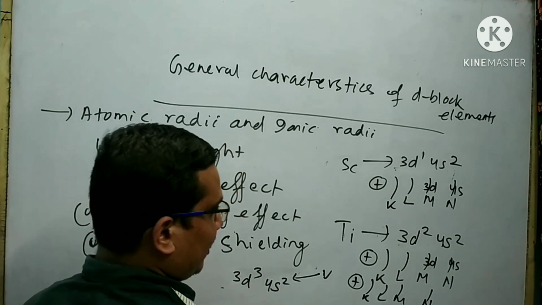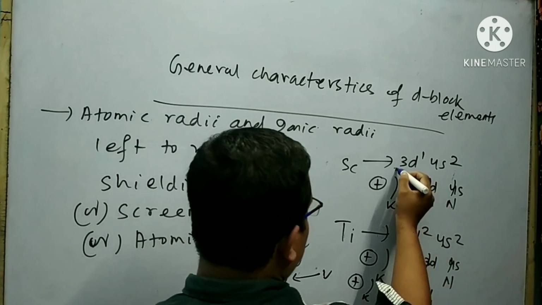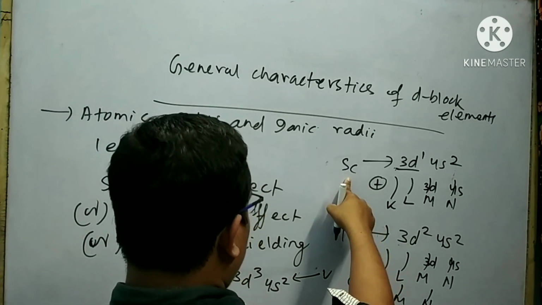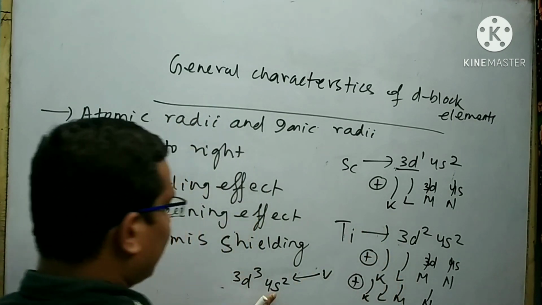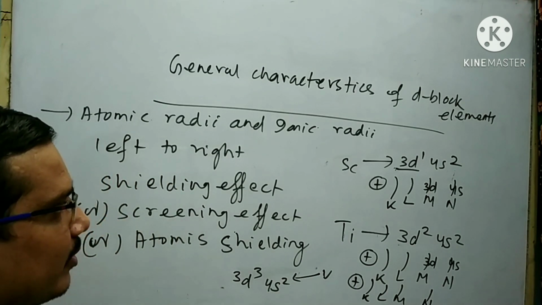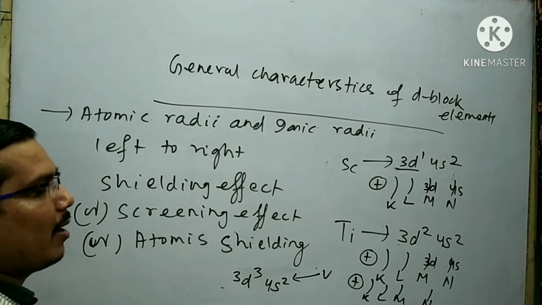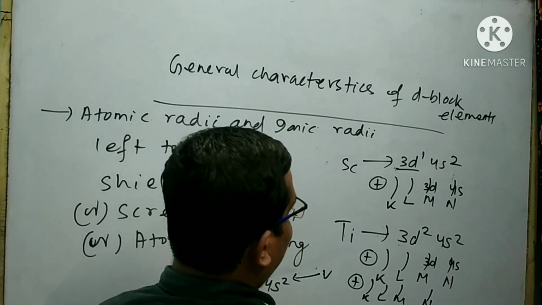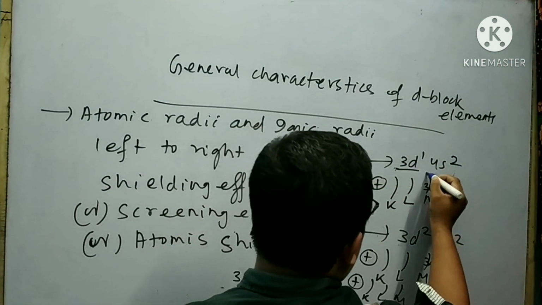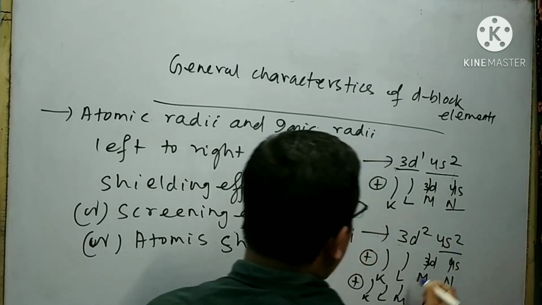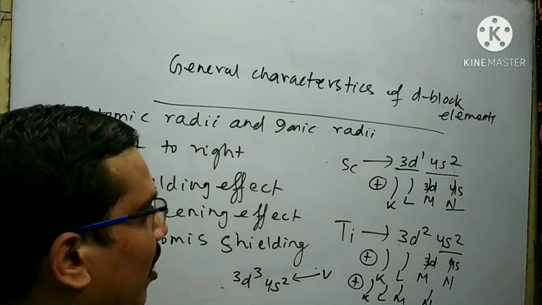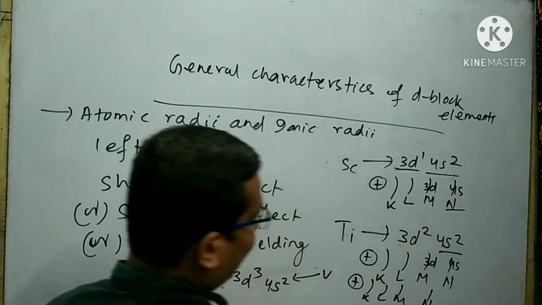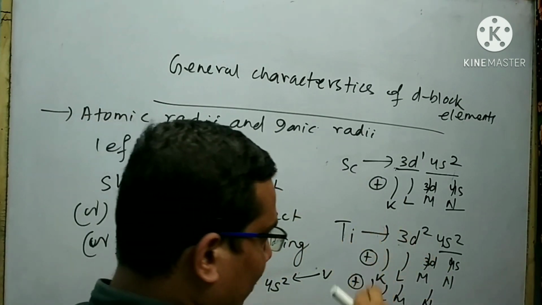Look at that, there is an increase in the electron density in the 3d orbital from scandium to titanium, then vanadium, and we can also think about the other elements present in the first transition series. But the atomic radii or ionic radii depend upon the valence shell. In the case of other block elements, there is no such problem created in the inner shell.